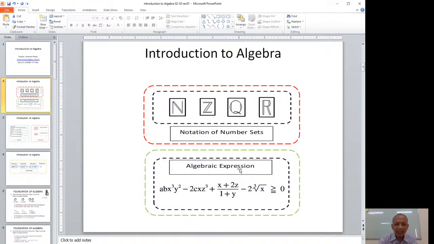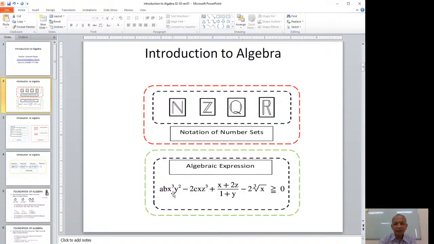An algebraic expression is the following: a b x cubed y squared minus 2c x z cubed plus the fraction x plus 2z over 1 plus y, minus 2 times the cube root of x, bigger than or equal to 0. This is what we call an algebraic expression.